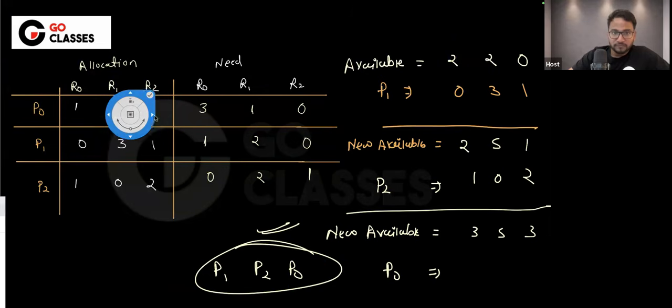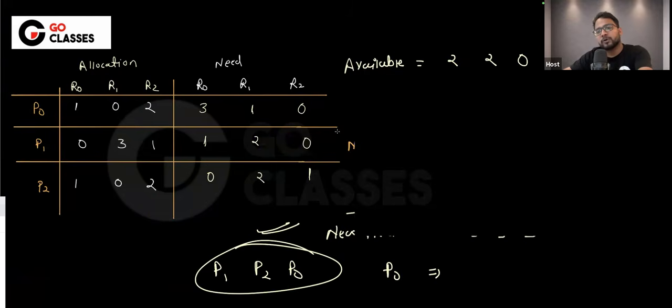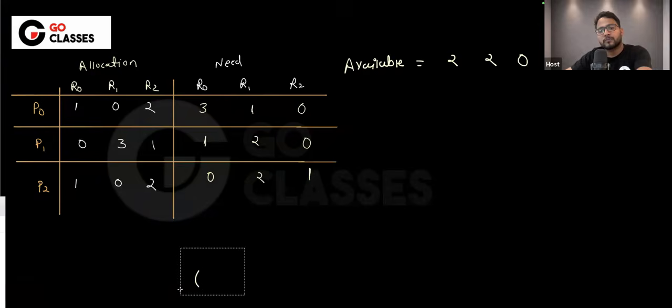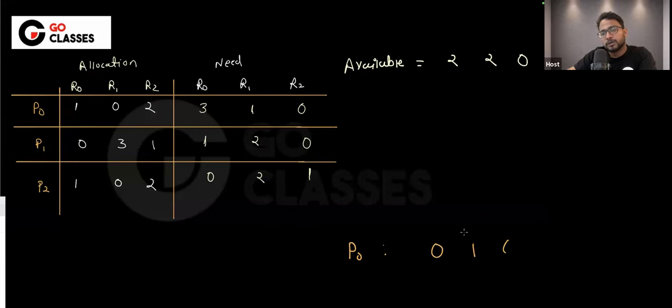See, if the question is about P1, then we don't have to do anything, right? But if the question is about P note, then obviously we need to check. So 1 unit of R1 means P note is requesting 0, 1, 0, right? Because this is R note, this is R1, this is R2.